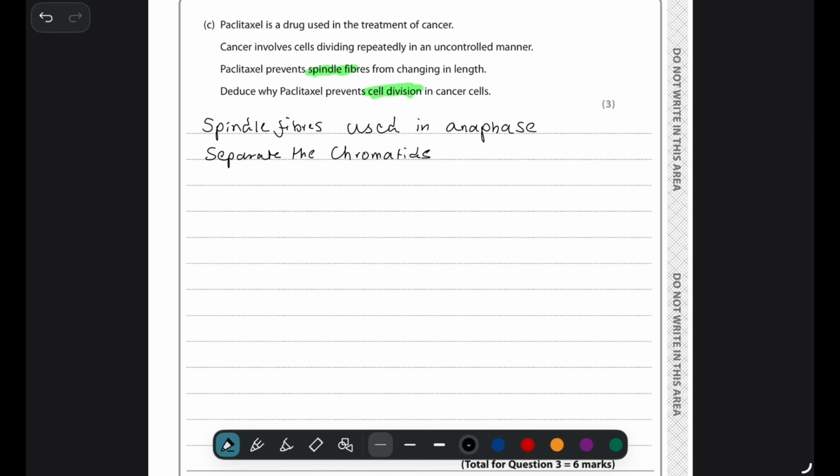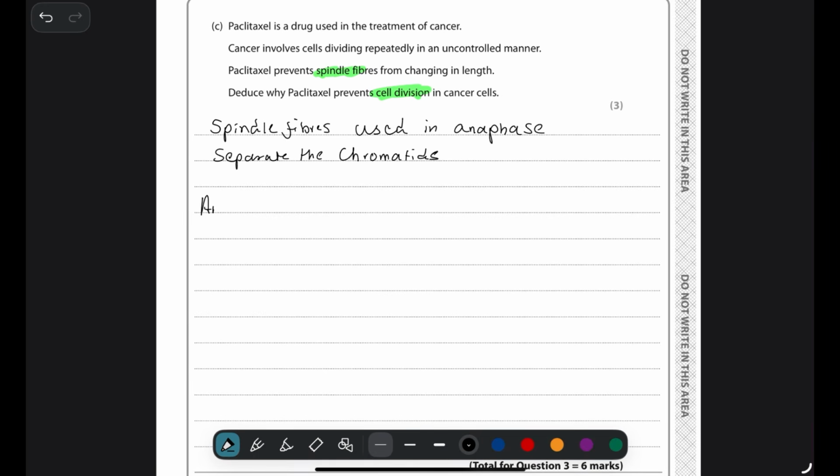What's the consequence of that not happening, right? What if the spindles don't shorten and they don't separate the chromatids? Then anaphase isn't going to happen essentially. Anaphase doesn't happen. And if anaphase doesn't happen, then that means that the chromatids don't go to opposite poles.